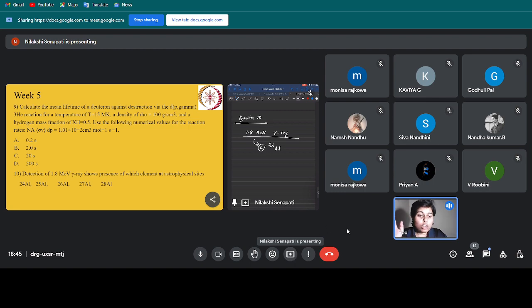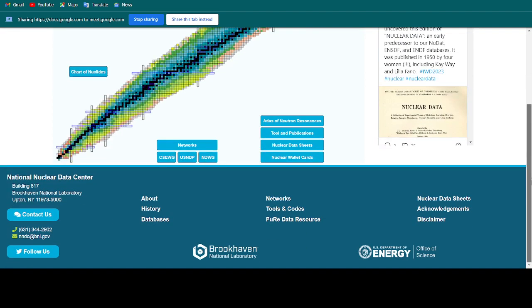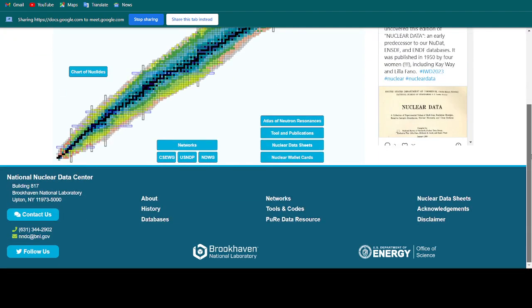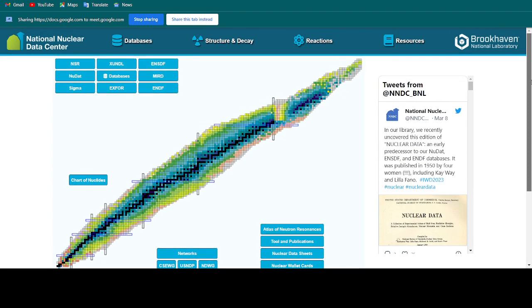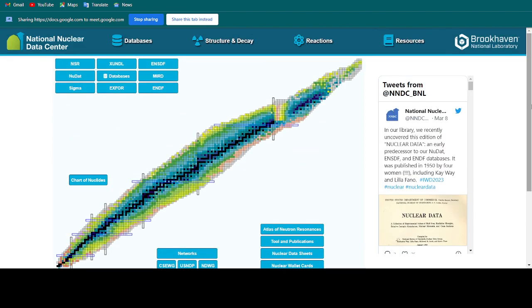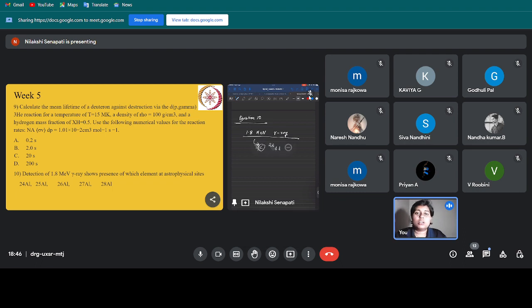The website is called NNDC, which is operated by Brookhaven National Laboratory. I hope many of you who are interested in nuclear physics or particle physics, or maybe not even those things, are already aware of Brookhaven National Laboratory, because they provide many things to the scientific community, updated on a regular basis.